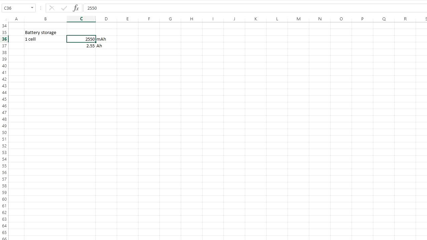That means the battery can be discharged by the current 2.55 amperes for the period of 1 hour. Then the voltage of the whole battery pack was nominally 360 volts.